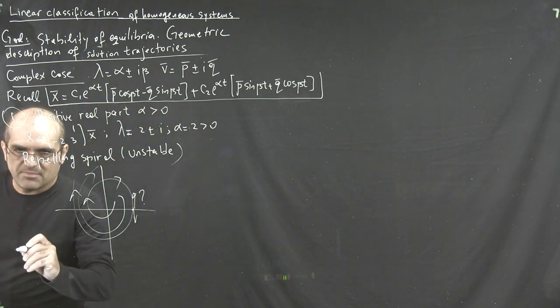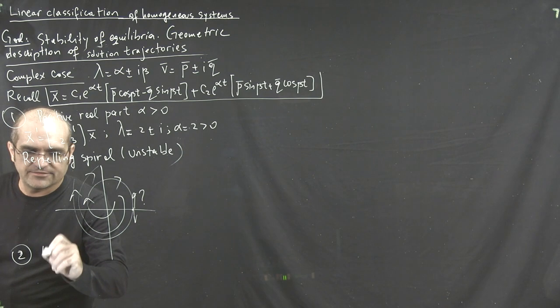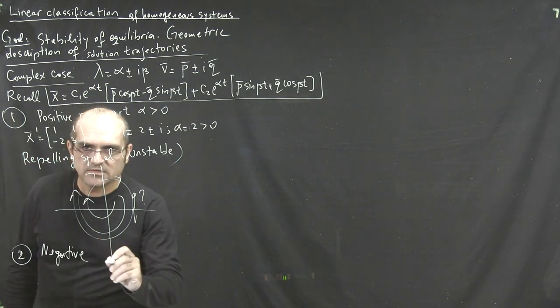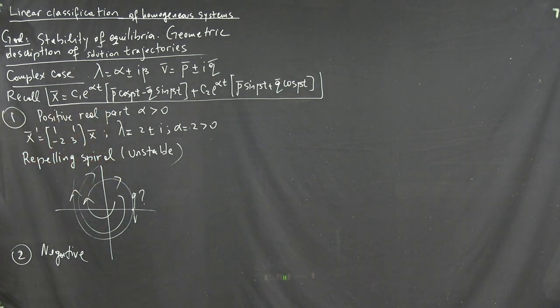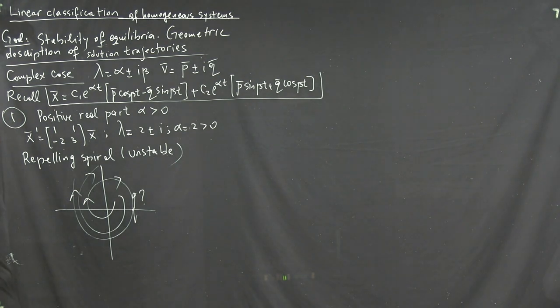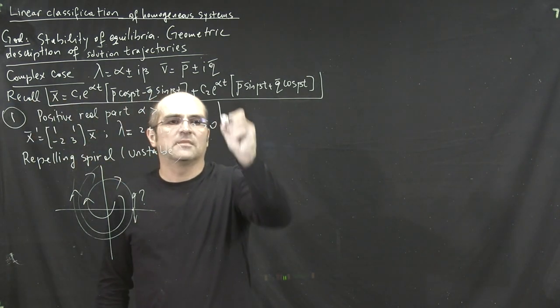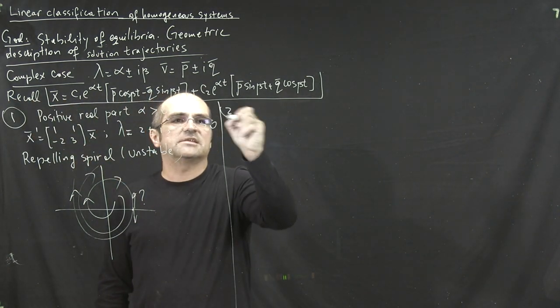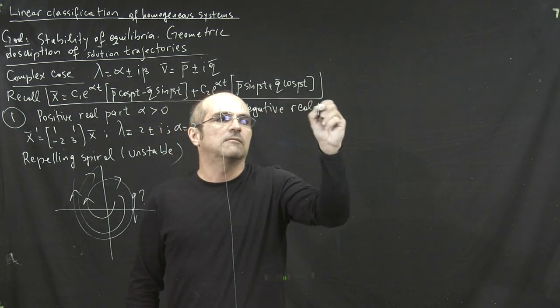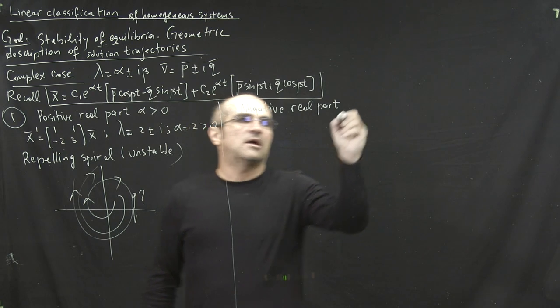And the opposite case of this, the negative real part. Let's write it down here. The second case, negative real part, alpha less than 0.